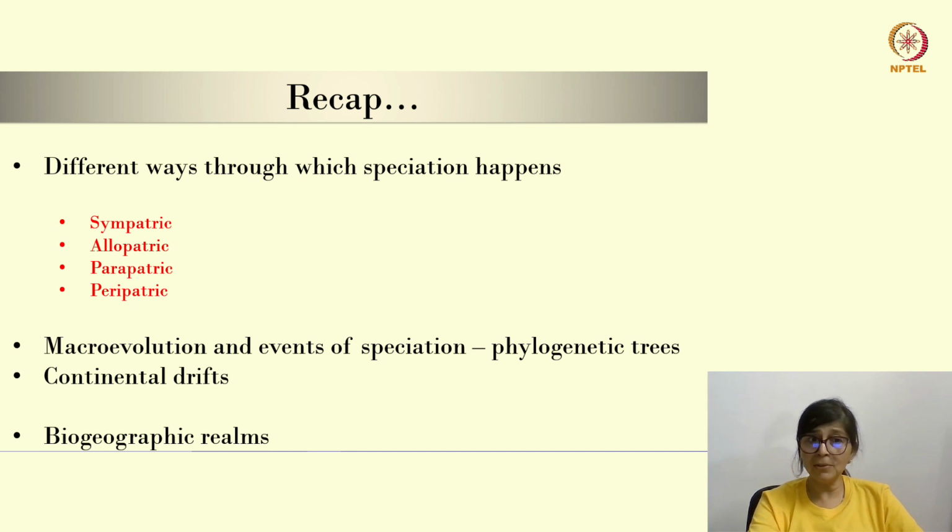And in this lecture we talked about two case studies using phylogenetic trees and how continental drift and sympatric and allopatric speciation have happened in these two examples. We also came to know about the different biogeographical realms, which can help us understand the distribution and evolution of these species across the globe.